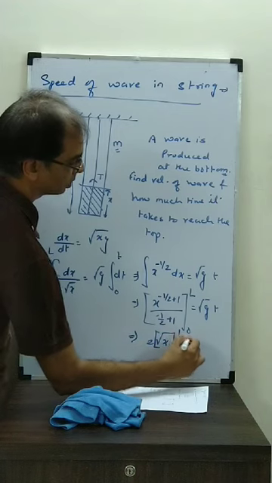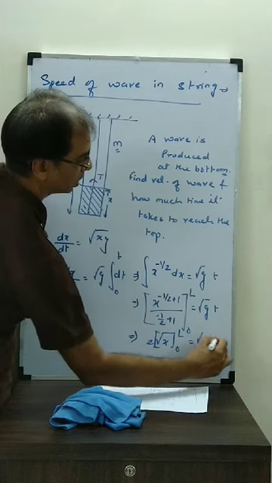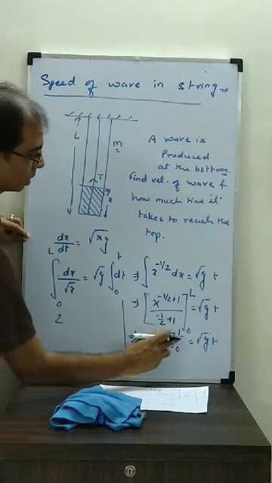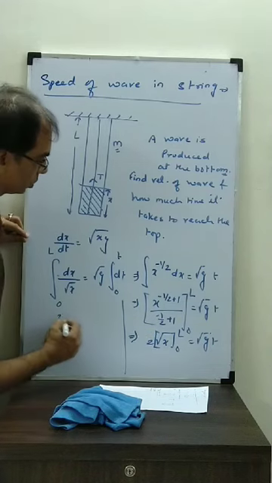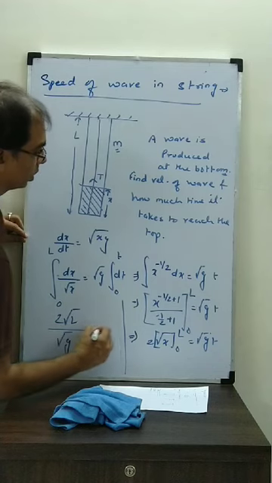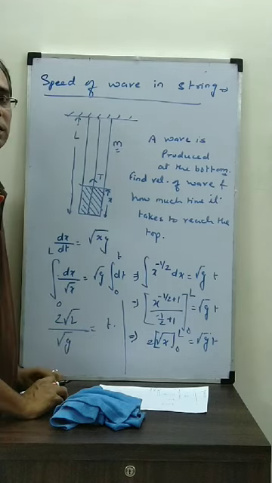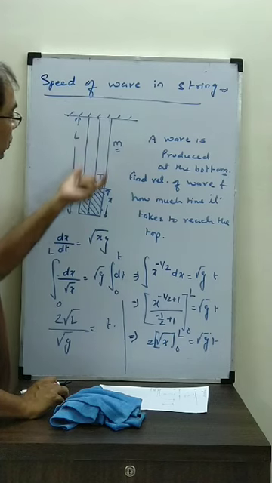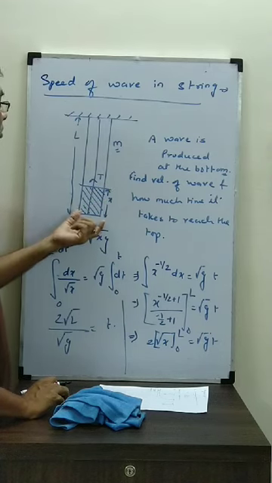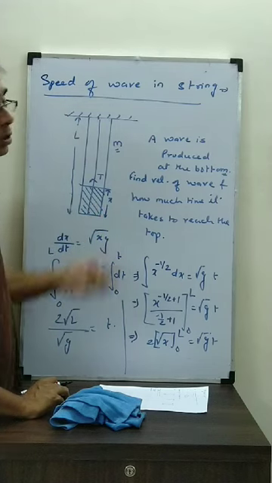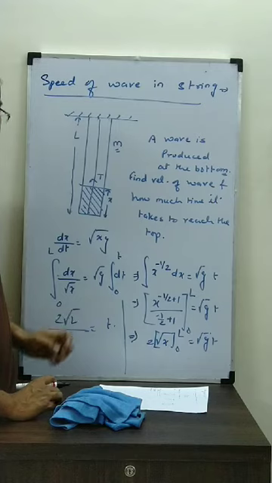Put the limits: root g t. So our answer will come 2 root L by root g equal to t. This is the answer. So if there is a string of mass m and you are asked what is the speed of the wave and how much time it takes to move from one point to the other, this is the method.